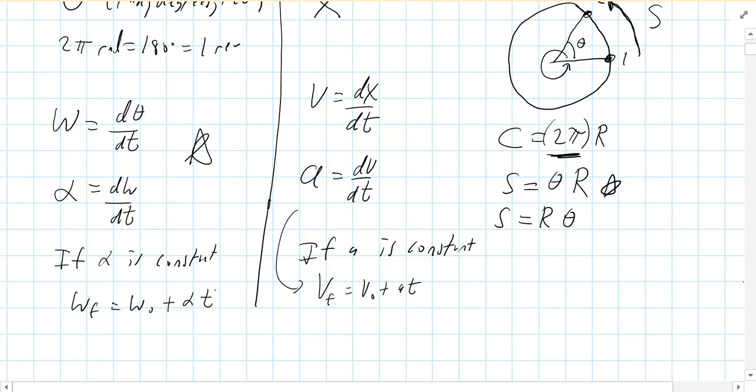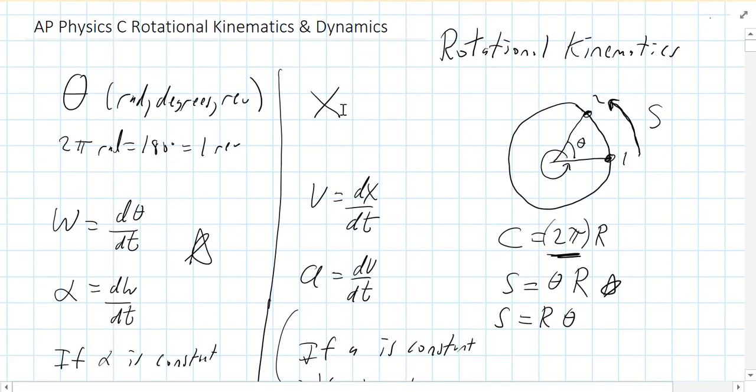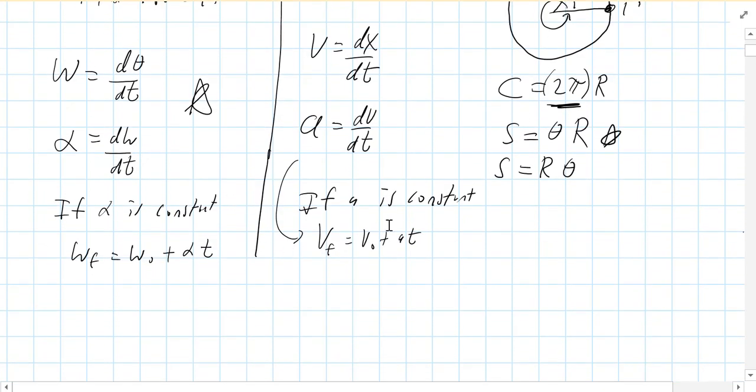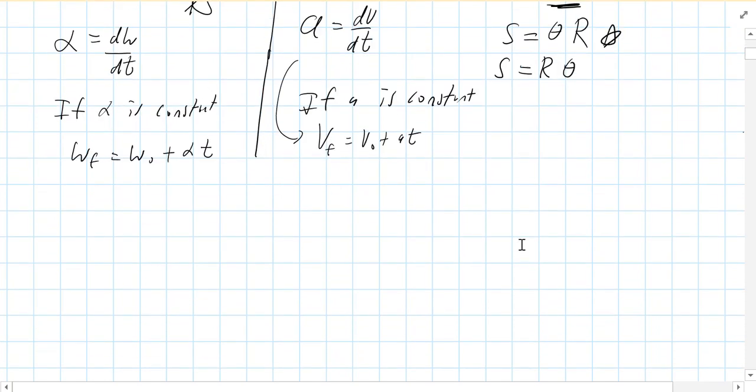So the cool part is the equations are analogous if you just learn the translation. In a linear system, you have x, well, then you have theta in an angular system. In a linear system, you've got v. Anywhere you see a v, you plug in an omega for an angular system, etc. So if you know the equation in a linear system, it's just a matter of subbing in the right things in the angular system.